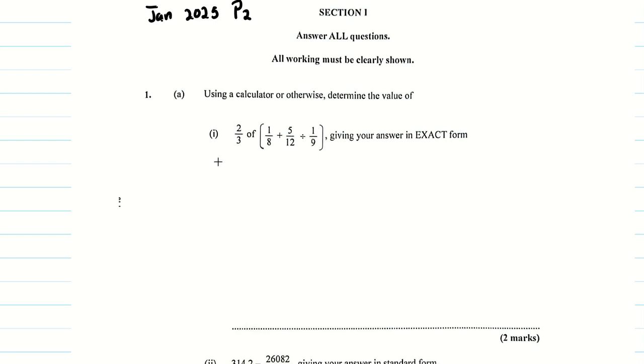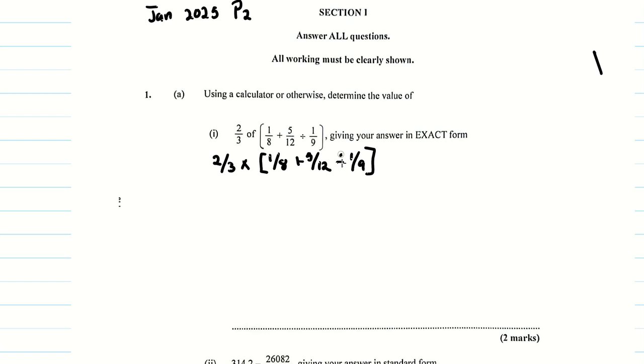So this question tells us it is 2 over 3 multiply by open bracket, open bracket 1 over 8 plus 5 over 12 divided by 1 over 9, close bracket.